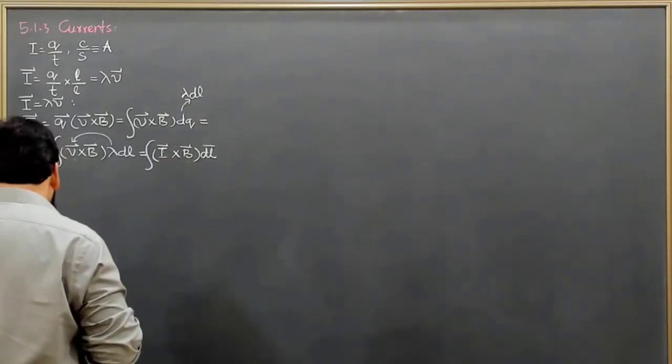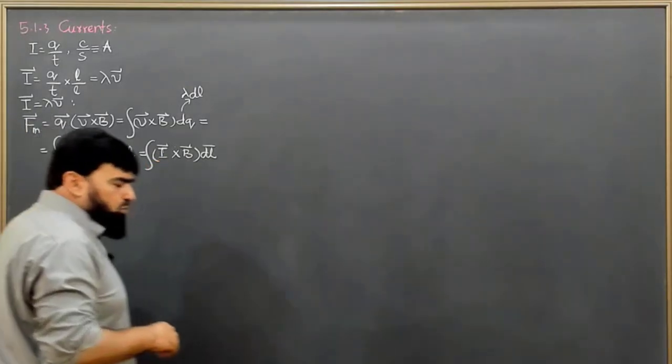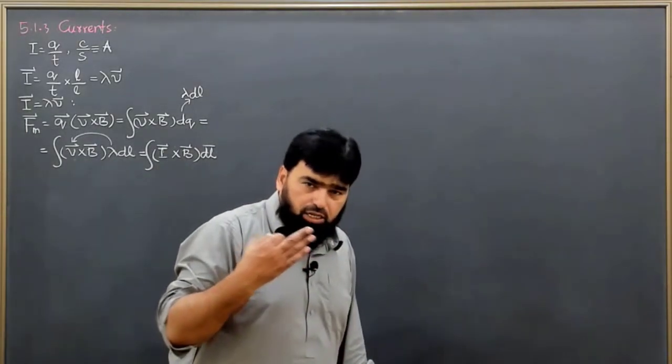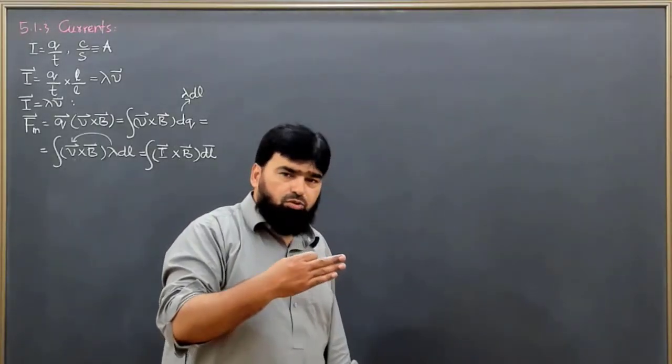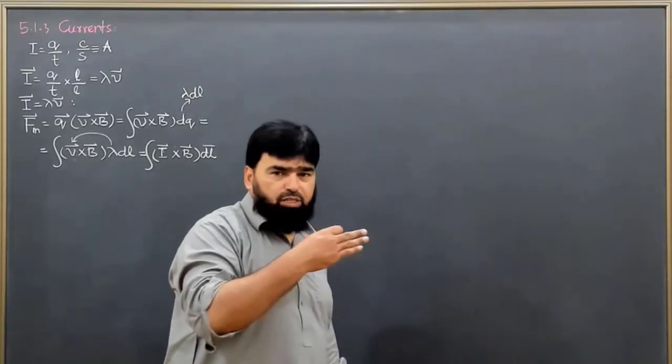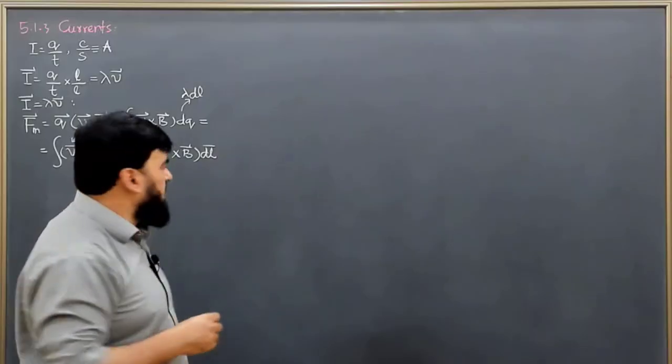Current is a vector quantity and gets its direction from the length element, in the direction the current is.